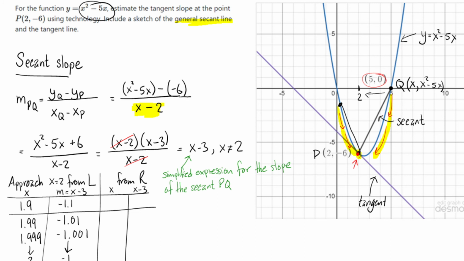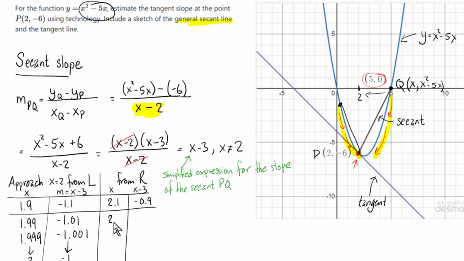So as we're approaching that point of tangency from the left, the slope tends to negative 1. We're going to do the same thing, but now from the right. So we're going to start a little bit above x equals 2. We can start with 2.1. So it's going to be 2.1 minus 3 is negative 0.9. The next one, we're going to go a little bit closer.